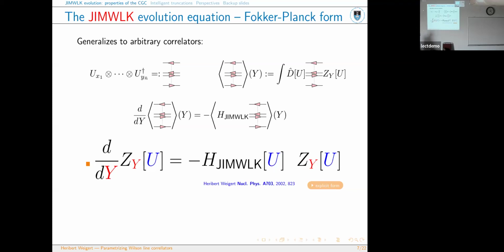And if I write my average through a weight, I can actually turn this into an equation for the weight. So one equation, right, that governs the energy dependence of any Wilson line correlator in this situation. And the Wilson line correlator defines the cross section, right?